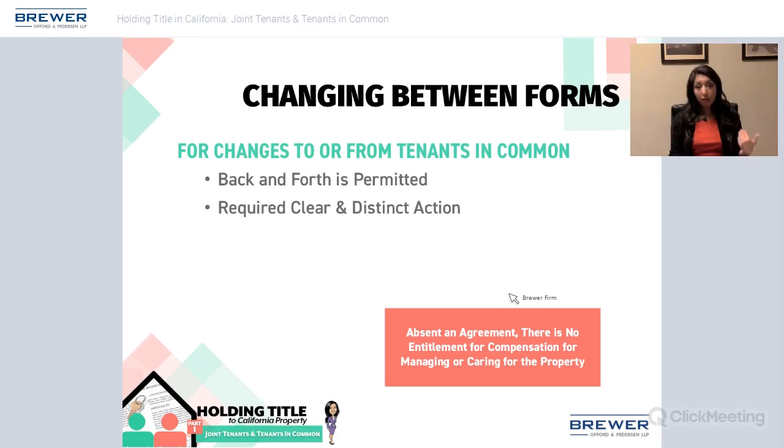Well, that severs the joint tenancy. So then the property is held as tenants in common between both parties. In a joint tenancy, one party has the right to do that, which is sever the joint tenancy, because it's their ownership interest that they're changing.